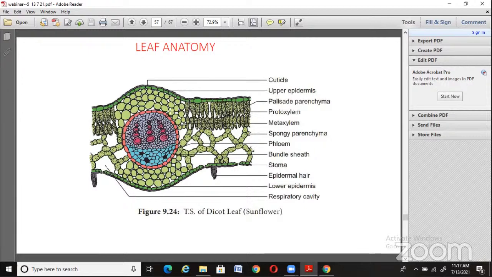Then the next changes occur, and finally the end products of the changes in mesophyll are malic acid or aspartic acid. This malic acid or aspartic acid, formed in the mesophyll, diffuses into the bundle sheath cells. With that, the mesophyll part is completed. Then next, come into the bundle sheath.